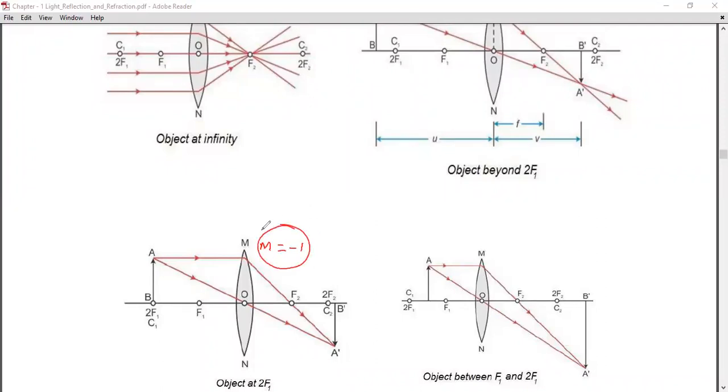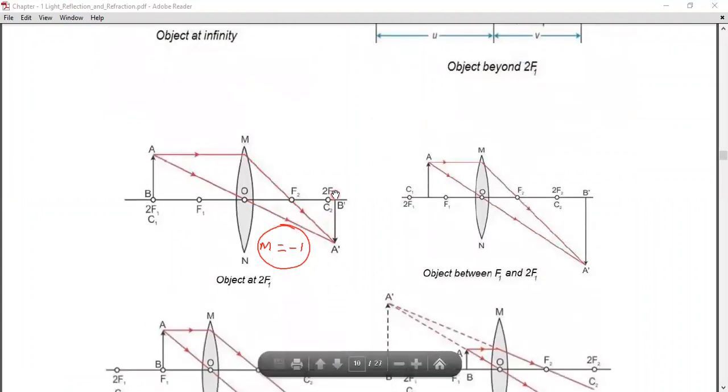But in the case of the concave mirror, the object and image coincide with the same size. Here the size will be the same, but the object and image will be on either side. That is, if you take the object at 2F1, you will get the image at 2F2. So this is the third situation, friends.